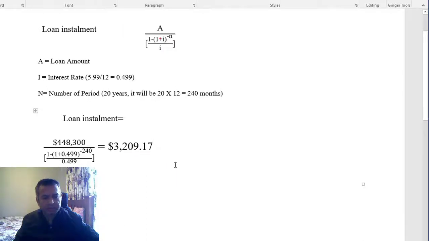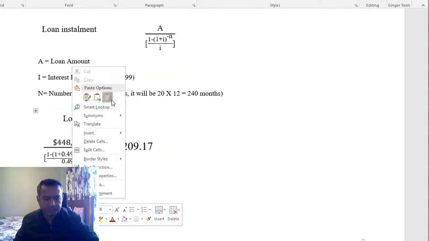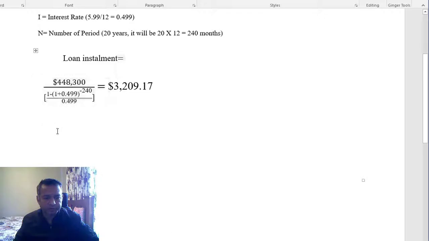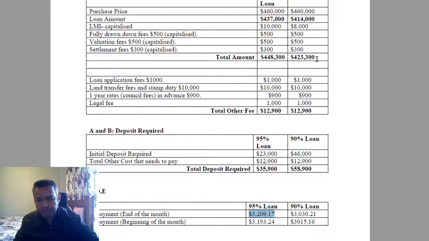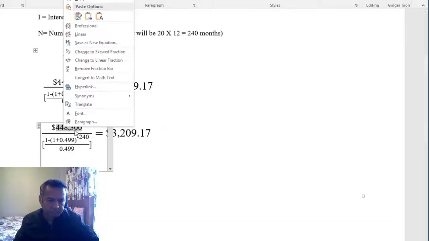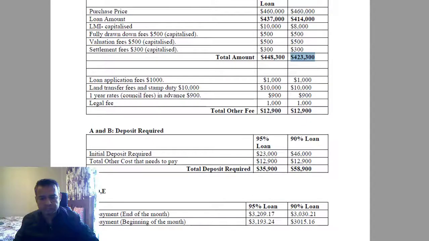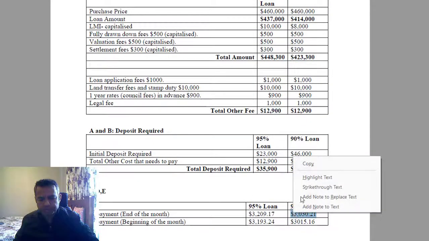Okay, now the same way, if you want to calculate the monthly installment at 90% loan amount, you need to calculate from this amount at 90% loan, and then you'll find this solution.